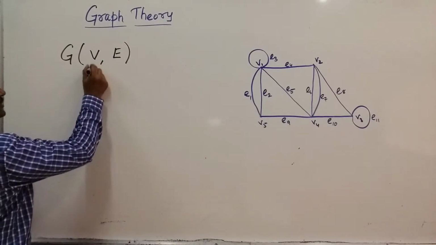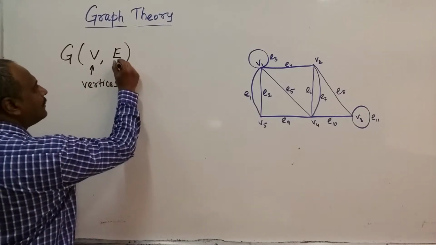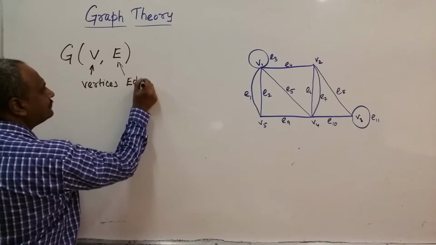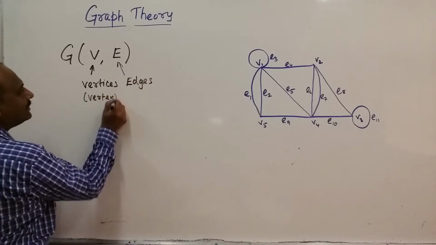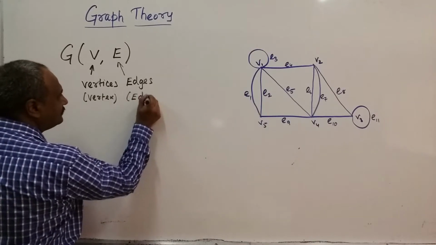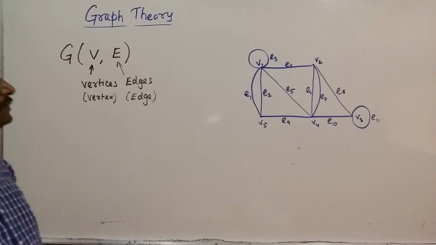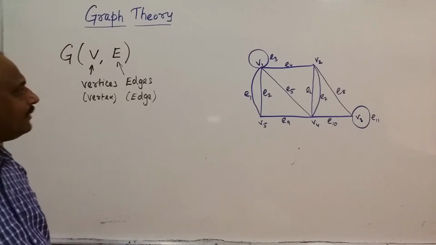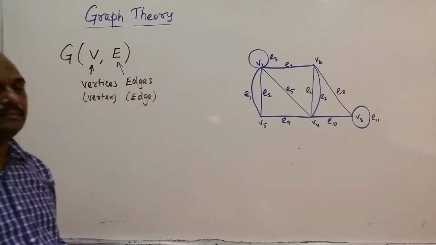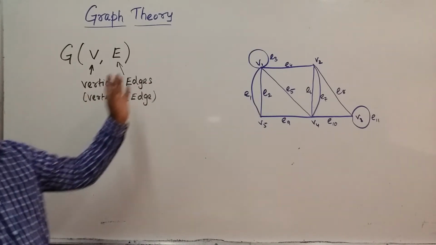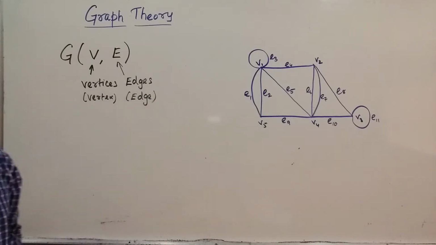In the singular, we call it a vertex, and this is an edge. This is what we defined in the mathematical ideas. We defined the graph, discussed some problems, and drew some graphs using vertices and edges.